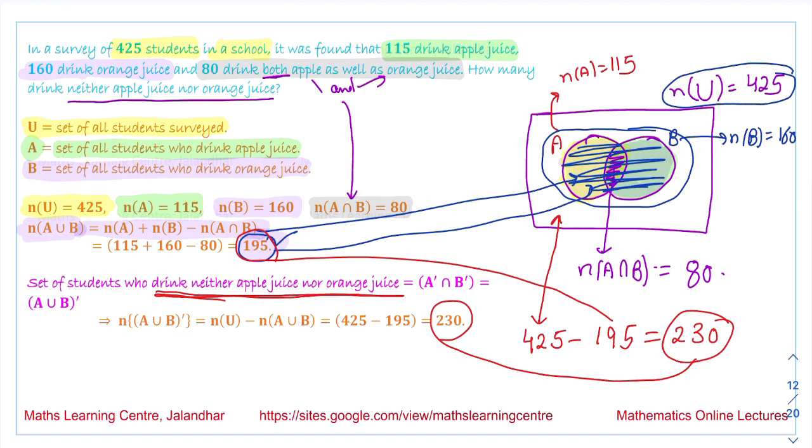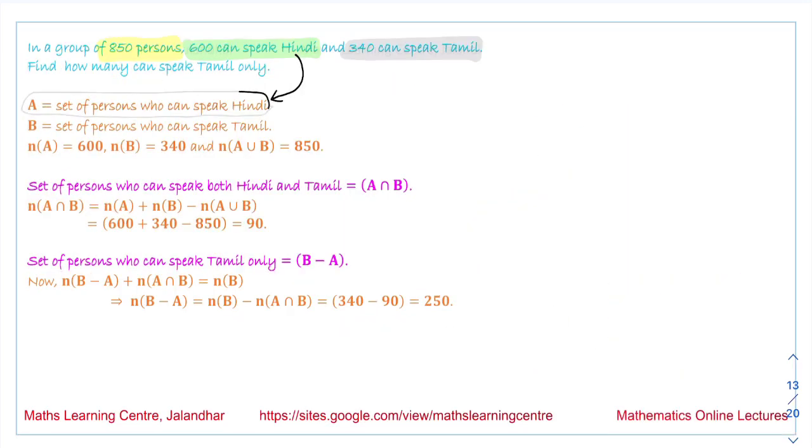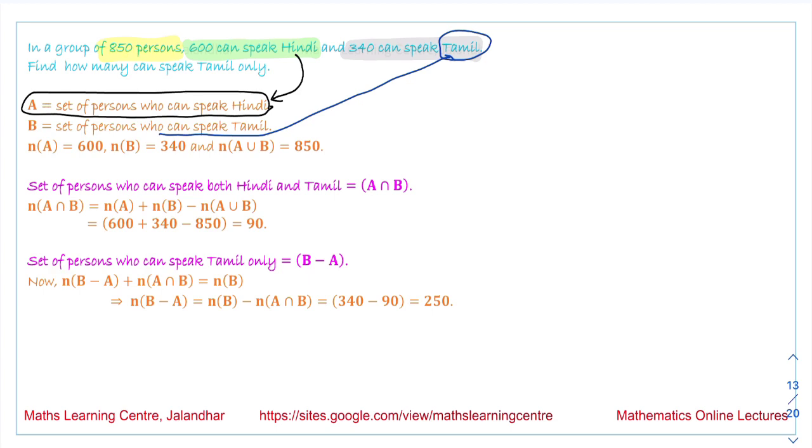Suppose the set of Hindi speaking persons is represented with A, and the set of Tamil speaking persons is represented with B. So the number of elements of A is 600, the number of elements of B is 340, and the value of A union B is 850. These three things are given to us.